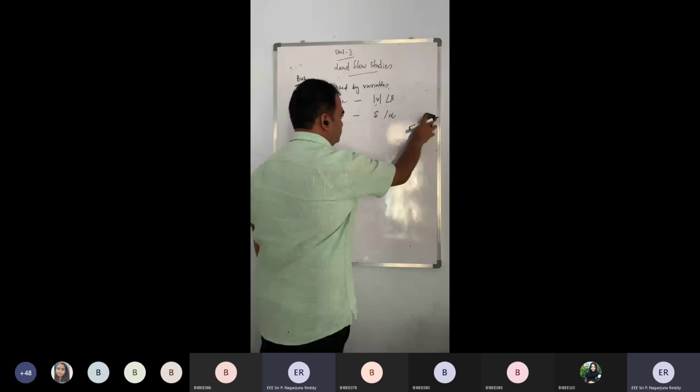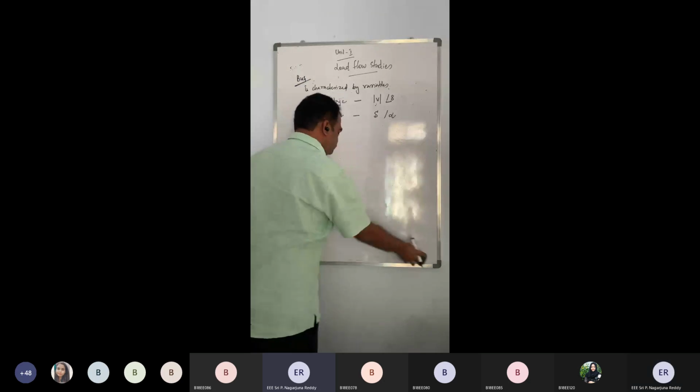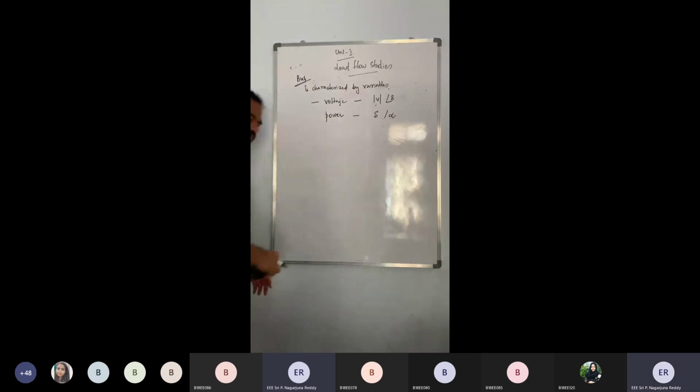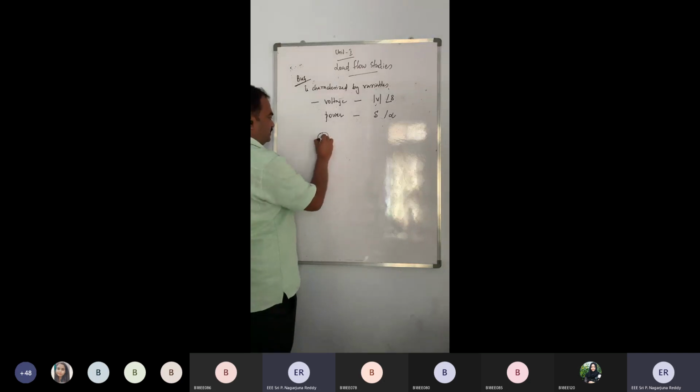Now we will see the bus. We will take some sample power system and try to analyze it in our own way rather than reading from the textbook. We will try to learn from our own experience.